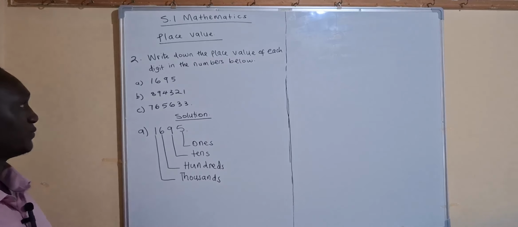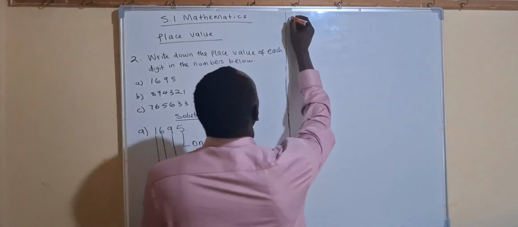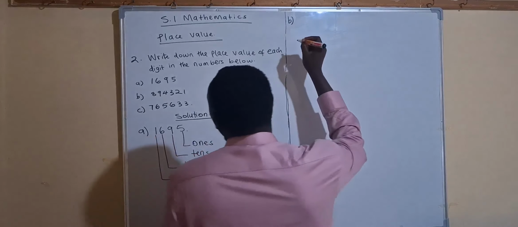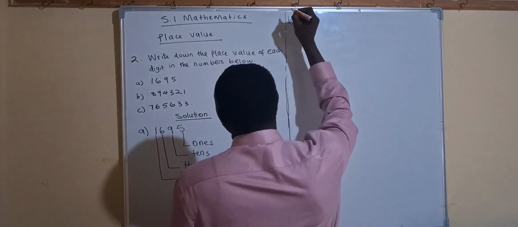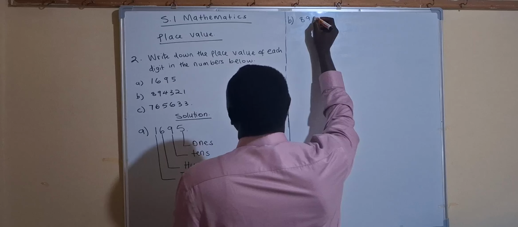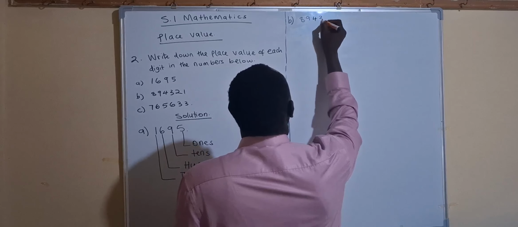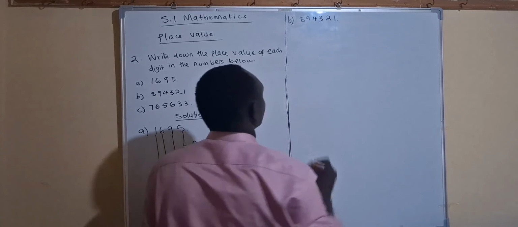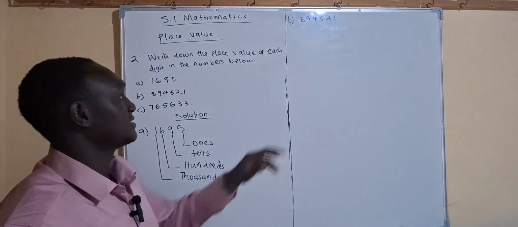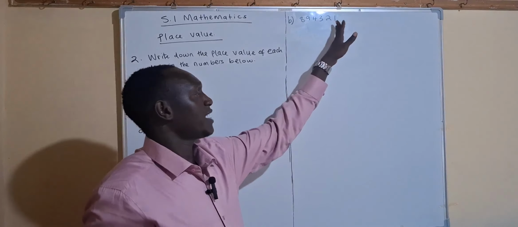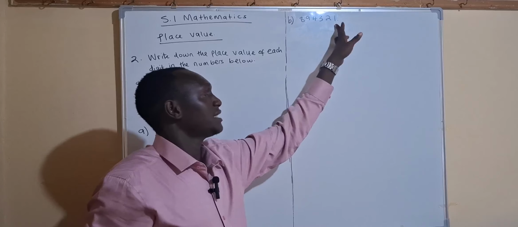Now going to the second part B. Part B is 8, 9, 4, 3, 2, 1. We are going to follow the same methods. This last number here, we start from the right.